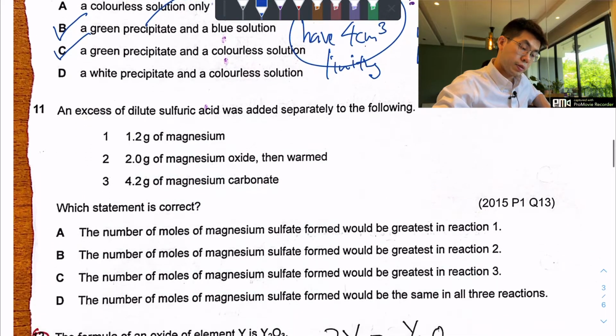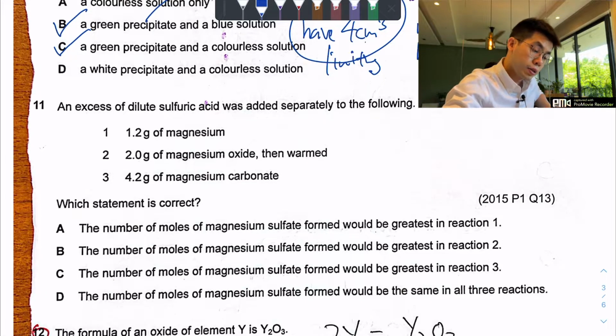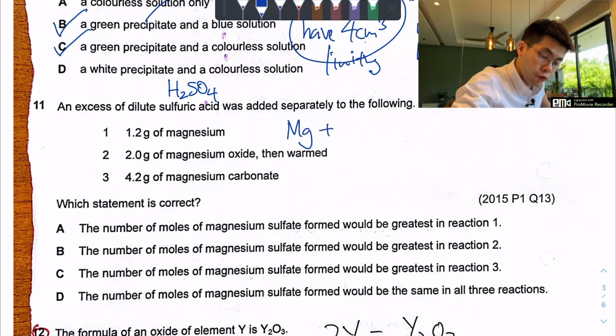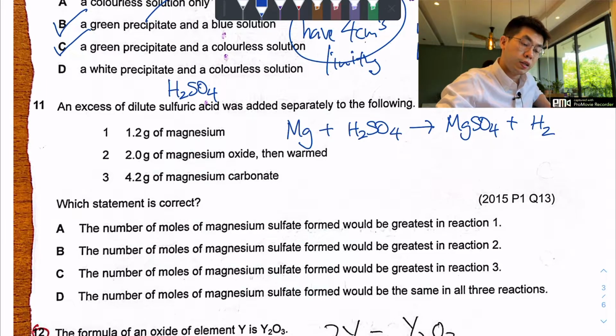Alright, next. This one, we really need to remember our lower sec. Over here, sulfuric acid is H2SO4, and I am reacting Mg with H2SO4. Metal plus acid gives me salt and hydrogen. So MgSO4 plus H2. Do I need to balance this?